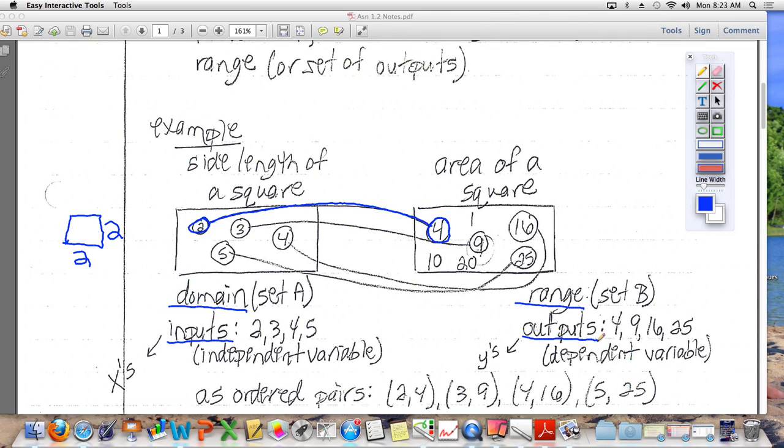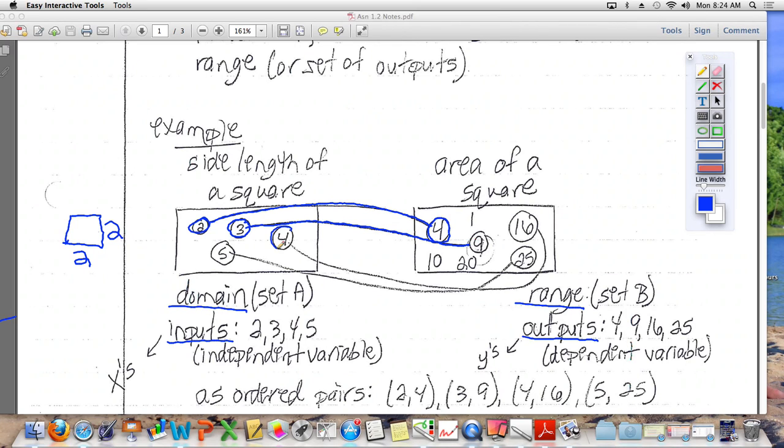So if you have a side length of a square that is 3, the area of the square is going to be 9 because 3 times 3 is 9. So we have another number set within our function in this example, the number set 3, which is mapped to 9.